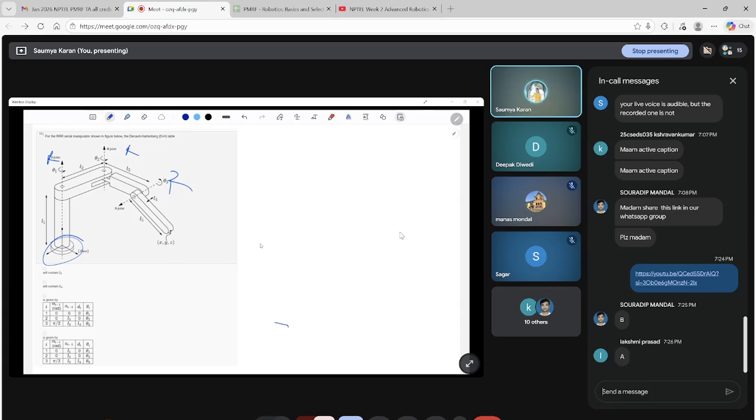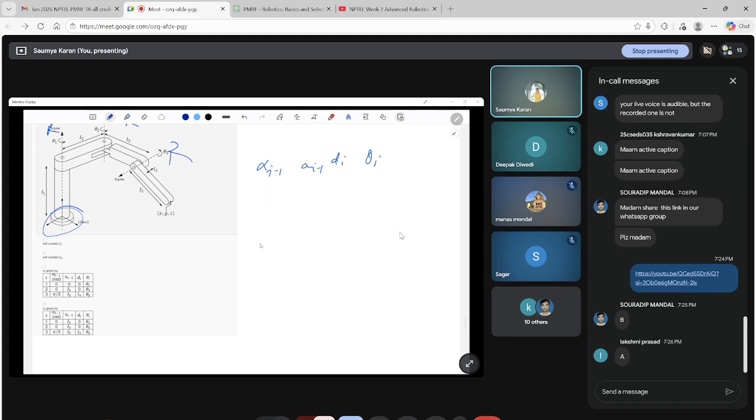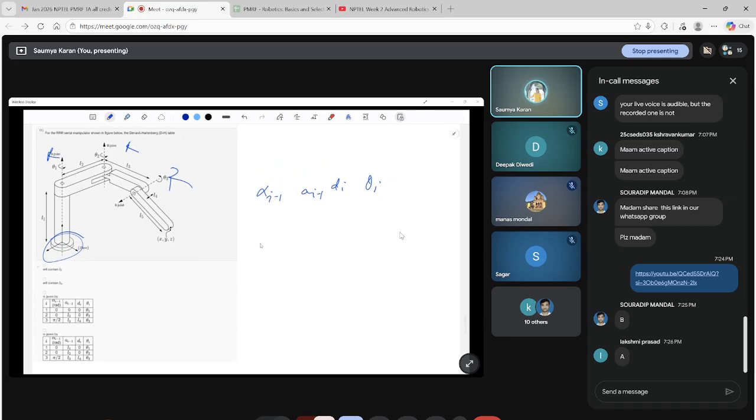You're just supposed to find out alpha i-1, a i-1, d i, theta i. Now you just have to be careful. So the first two options, can you see L1 and L5?